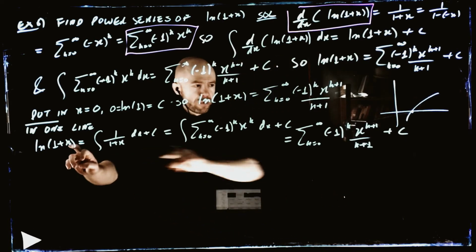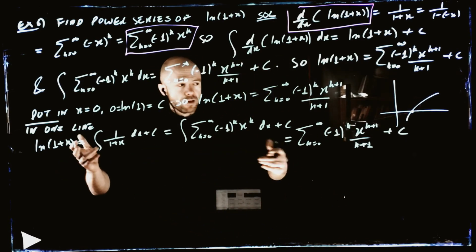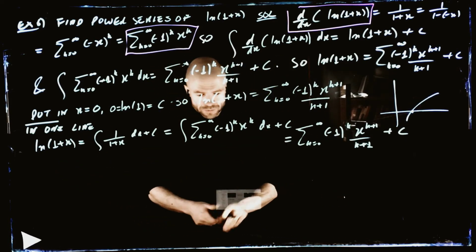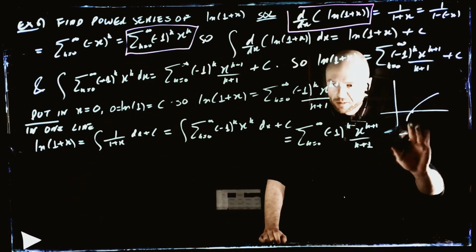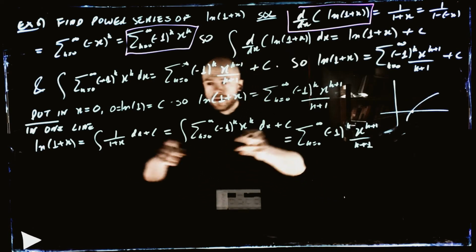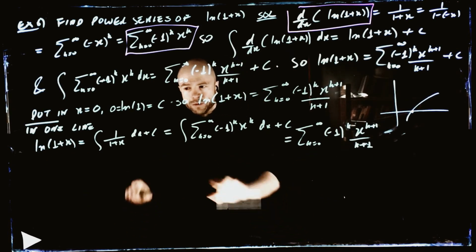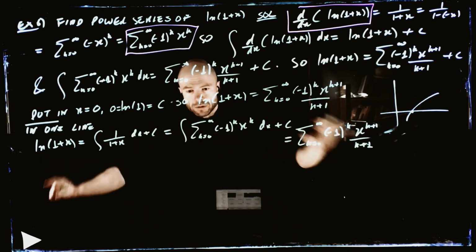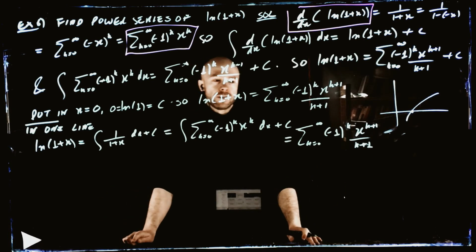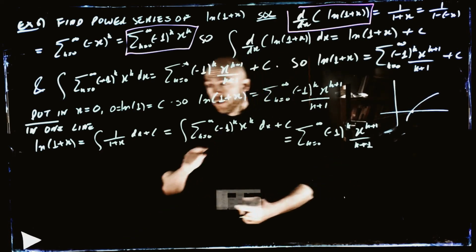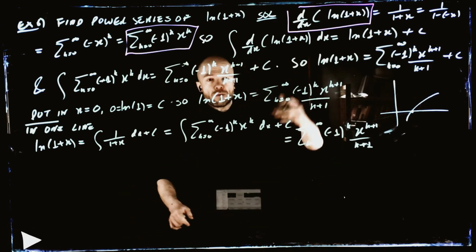So I have this representation, and then I put in x equal to 0 to kill off the c. I'm not going to write that again. The c just gets killed off by putting x equals 0. So in one line, if you put everything you know all together, you get the answer pretty quickly. And maybe that's a better way for you to do it. So don't start to separate off the stuff.